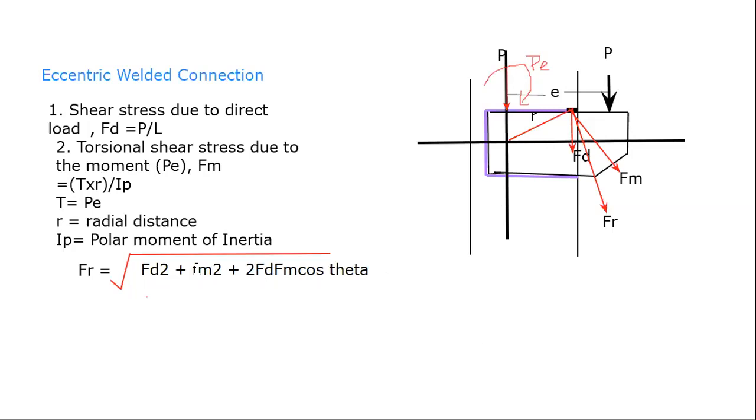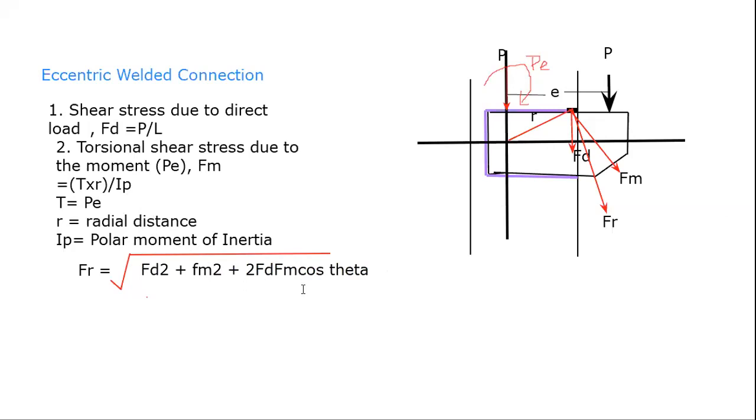Basically this is actually going to be capital F. Please rectify it. Now we have already calculated FD through this formula, which is equal to P by L. We have already calculated FM through this formula, which is equal to T into R by polar moment of inertia. And this portion is nothing but the resultant of these two.